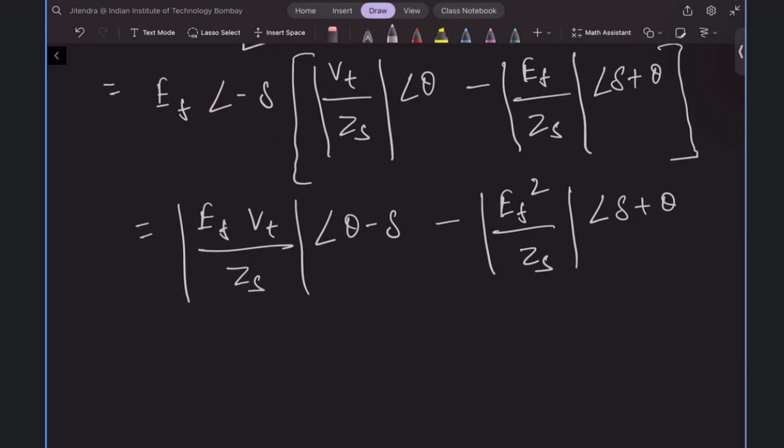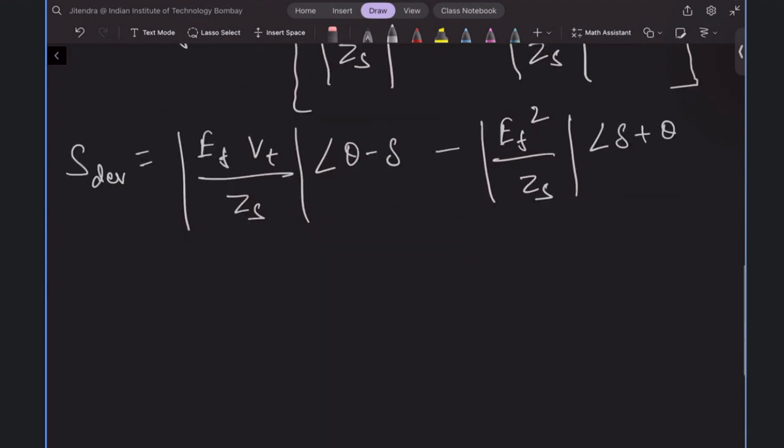Now, do not forget that we were deriving these expressions to find out the real power so that we can evaluate the static stability limit. Sorry, steady state stability limit, right? So the power developed will be cosine of these angles, right? If you take cosine of these angles, that will give you the real power.